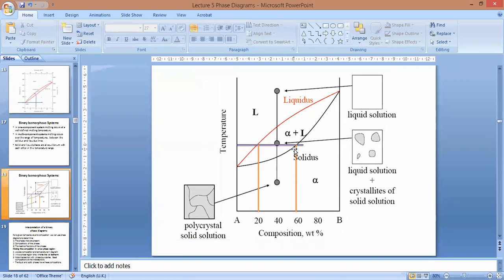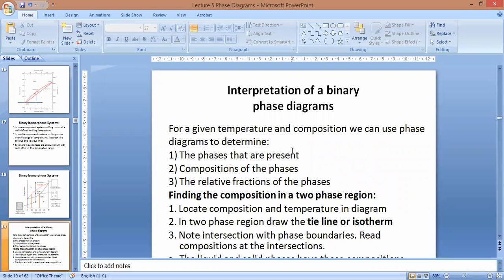We're going to look at a number of diagrams of similar fashion. So for a given temperature and composition, we can use phase diagrams to determine the phases that are present, like you saw in the previous diagram, isn't it? We determine the liquid, the alpha plus L, that is the intermediate phase, plus the solid phase.